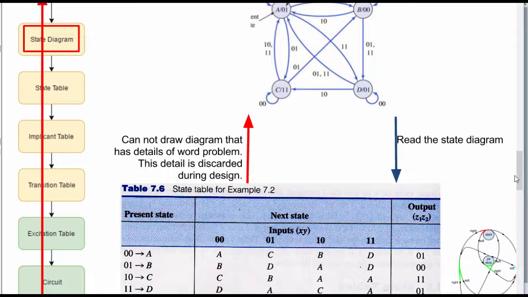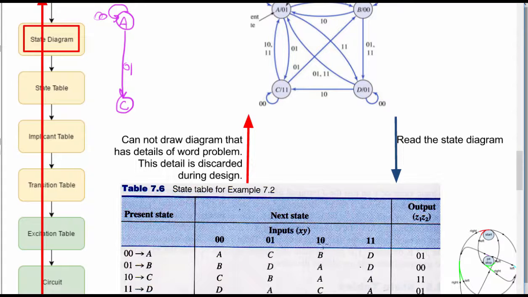All right, so we're going to start up here at state A. And it's going to go to state A itself if the input's a 0, 0. Right? Because it says A, if the input's a 0, 0, it's going to go to state A. Now, if the input's a 0, 1, it's going to go to state C. We'll put state C down here and say 0, 1.